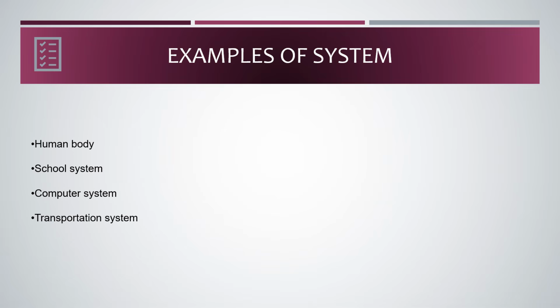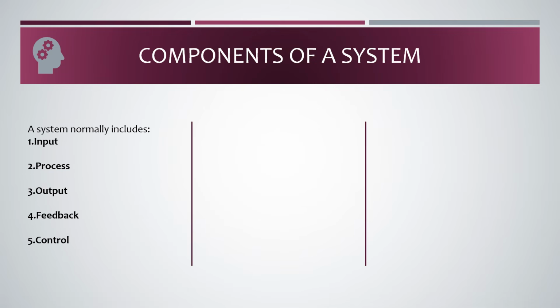When we look around us, we find many systems. For example, we humans, our human body is also a system. The school we study in is also a system. The computers that we use are also a system. The vehicles or the transportation system that we use is also a system.